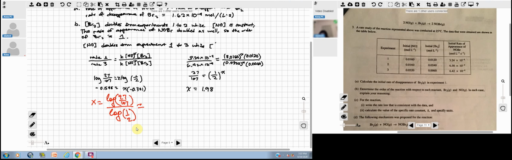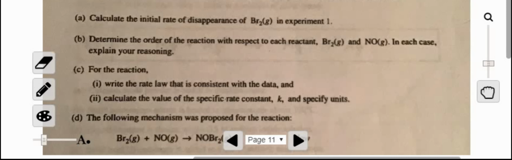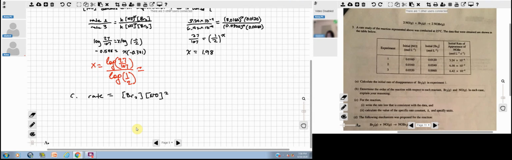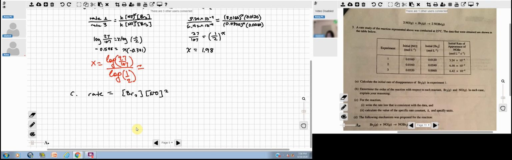Okay, so part C now. Okay, so you see your error there? You have to have k. You have to have, right. Okay.